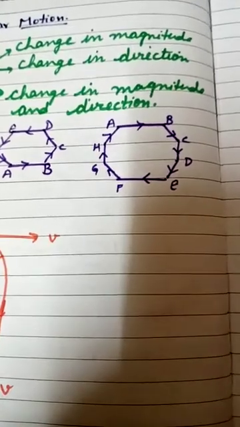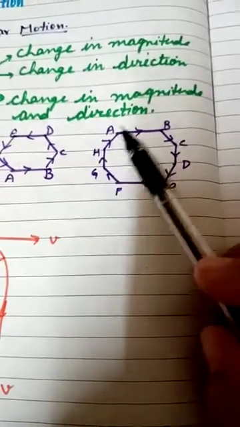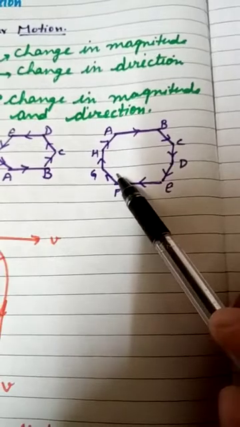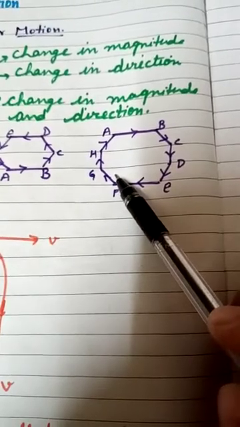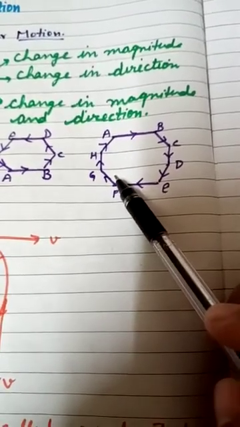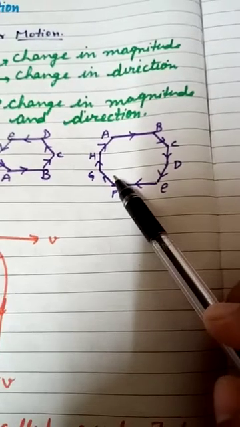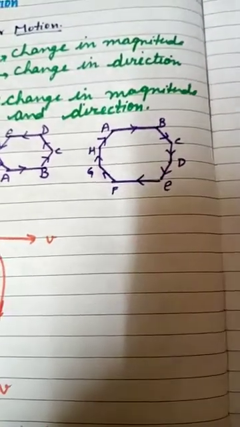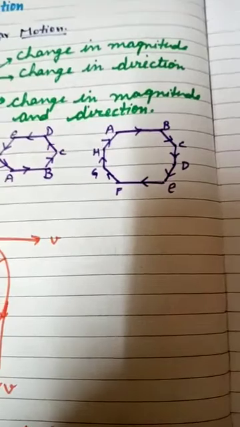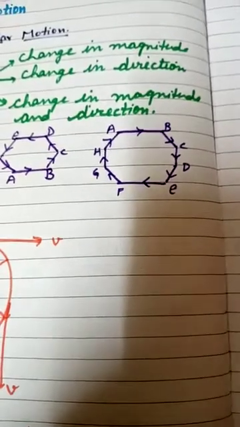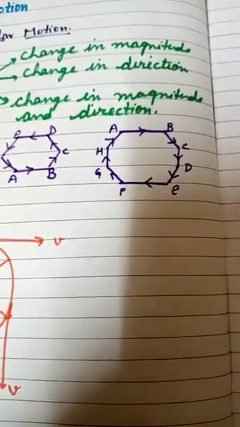So if we make infinite sides of the path on which the object is moving, how many times does velocity change take place? Yes, it is also infinite. Let's take an example of a circular path.